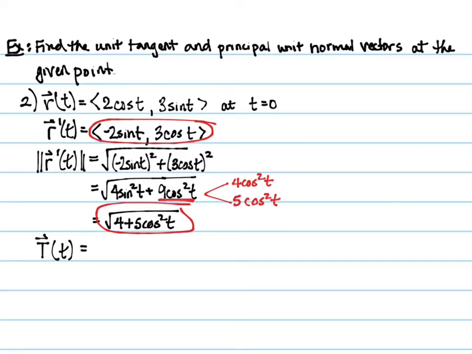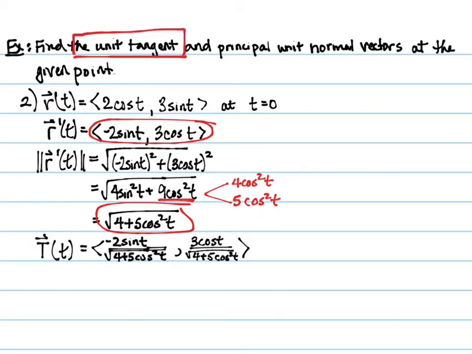So we would have negative 2 sine t over the square root of 4 plus 5 cosine squared t, and then 3 cosine t over the square root of 4 plus 5 cosine squared t. And that's my unit tangent vector. That's the part we've done so far.